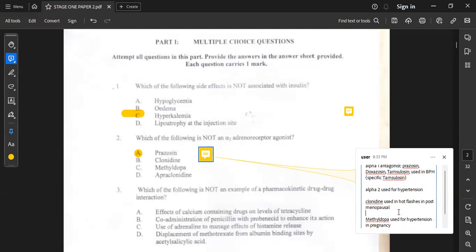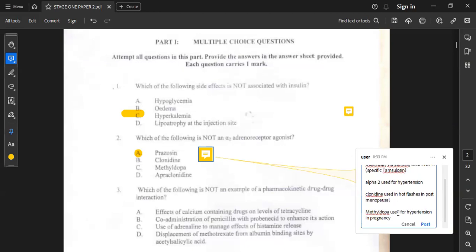How it works for that is that it relaxes the smooth muscle, so it will decrease the resistance of urine outflow. Actually, it does bladder muscle contraction, but the sphincter relaxation, so that you are able to void in case of prostate.